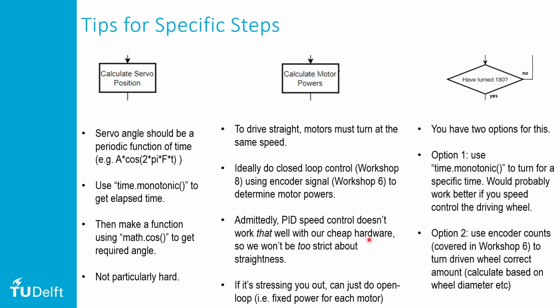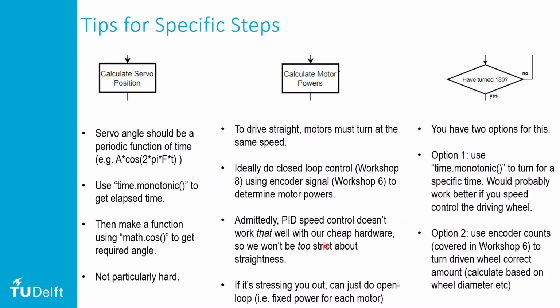And really the reason is because the hardware we've got is cheap. Specifically, the motors are quite cheap. They're a little bit variable. And a key issue is that the encoder disk rotates at the same speed as the wheel, because they're just on opposite ends of the same drive shaft, which means we don't get all that many encoder counts per revolution.